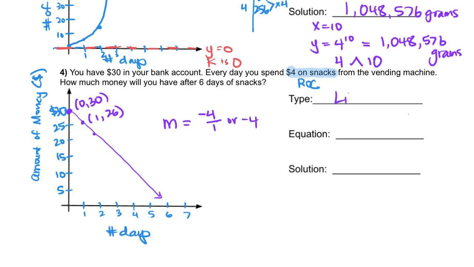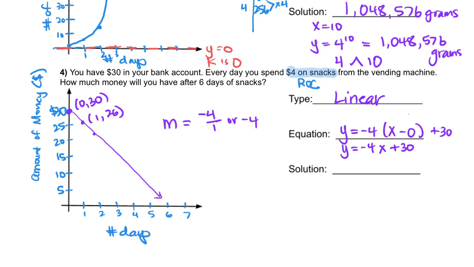So this is a linear function because it's a constant rate of change. And my equation is going to be y equals negative 4x minus 0 plus 30. We could put this in slope-intercept form too if you want, or simplify this, y equals negative 4x plus 30, because x minus 0 is just x.